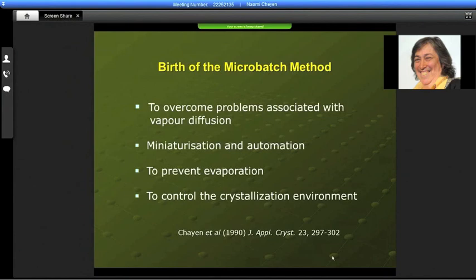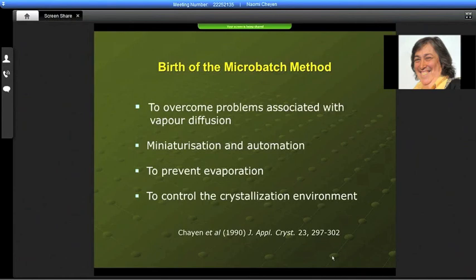And to overcome these limitations came the birth of the microbatch method, and we designed that with Douglas Instruments together to overcome the problems with vapor diffusion, but also initially the goal of it was for miniaturization and automation, because this is going back to 1990, long before the era of nanotechnology and high throughput.